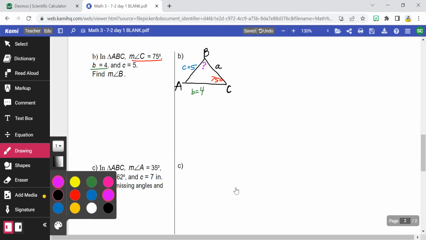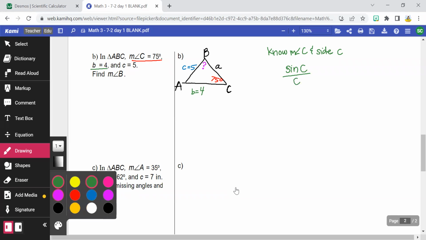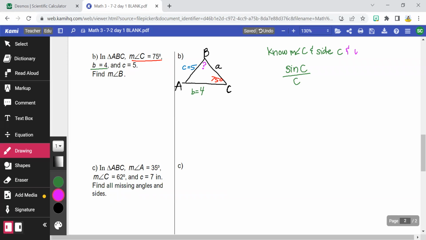Okay, so remember that because I know everything about C, so I know angle C and side C, I'm going to use sine of C over C. And then because I want to find the angle B and I know the side B, I'm going to use sine of angle B over side B as well.